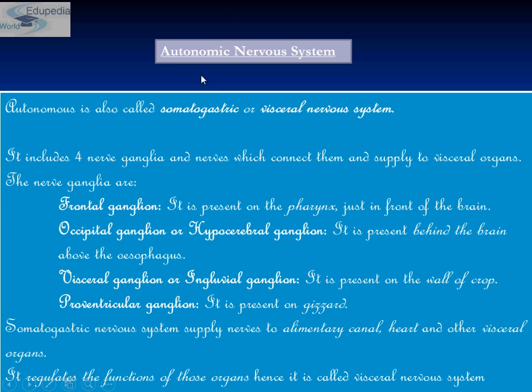The autonomic nervous system is also called the stomatogastric or visceral nervous system. It includes 4 nerve ganglia and nerves which connect them and supply the visceral organs. The ganglia are the frontal ganglion, occipital ganglion, visceral ganglion, and proventricular ganglion.